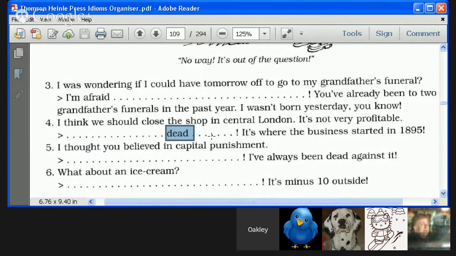Yeah. It's where the business started in 1895. Okay, no way. Over my dead body. In fact, no way is often used in conjunction with other phrases. Yeah, so the way Max said that is actually quite normal.